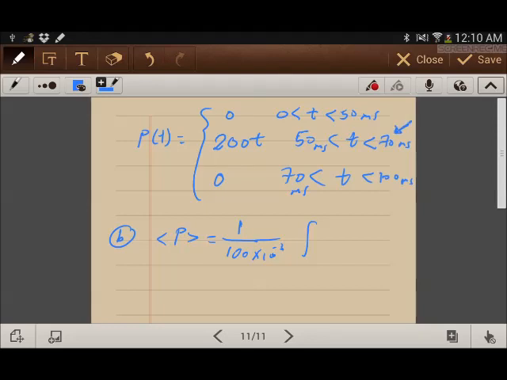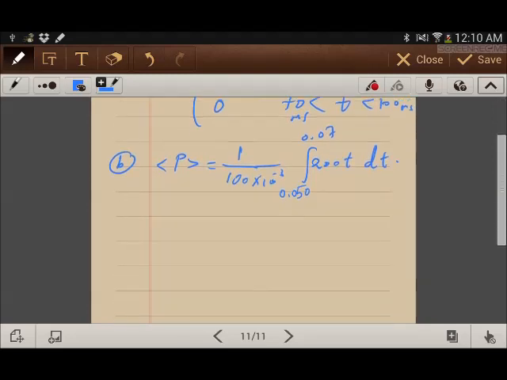So it will be from 50 milliseconds, which is 0.05, up to 70 milliseconds, 0.07, of 200t dt. So it will be 1 over 100 multiplied by 10 to the power minus 3, times 200 multiplied by t squared over 2, evaluated between 0.05 and 0.07.